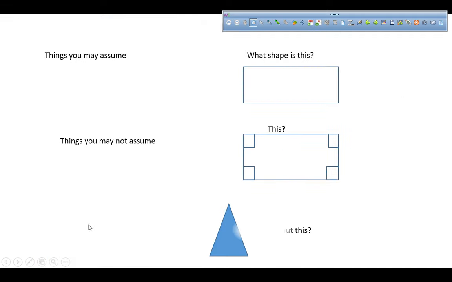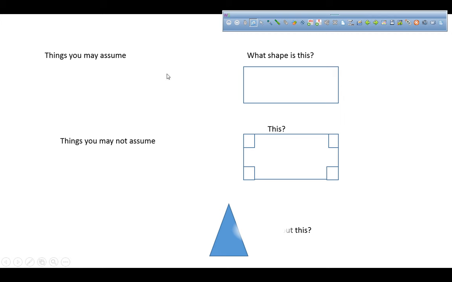How about this one? What shape is that? What shape can you say it is? You can just say it's a triangle. Who wanted to say it's an isosceles triangle? Did you want to say that? Because it looks isosceles. We'll talk more about that in a minute, right?